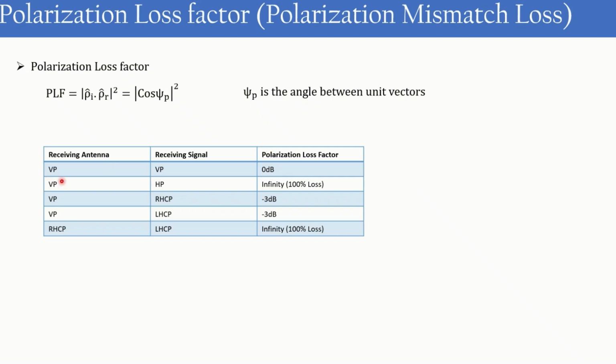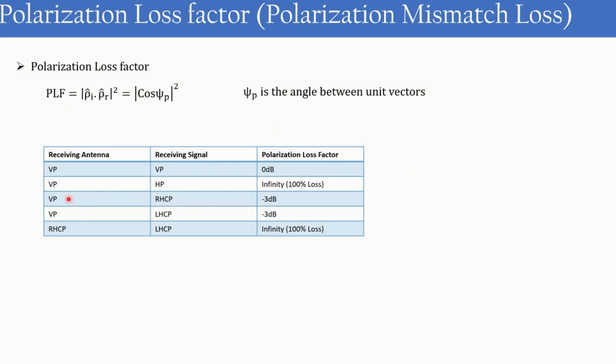If our receiving antenna is vertically polarized and the received signal is horizontally polarized, you know that there will be an angle of 90 degrees between these two polarizations. So it will result in an infinite polarization loss factor, or we can say that it won't receive any signal.